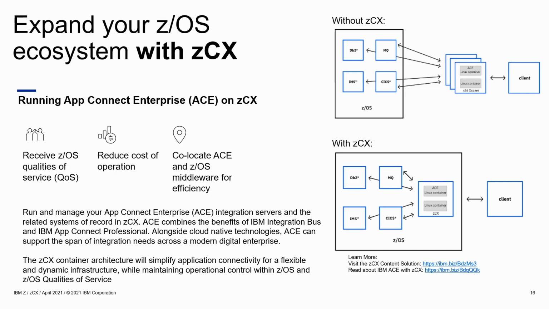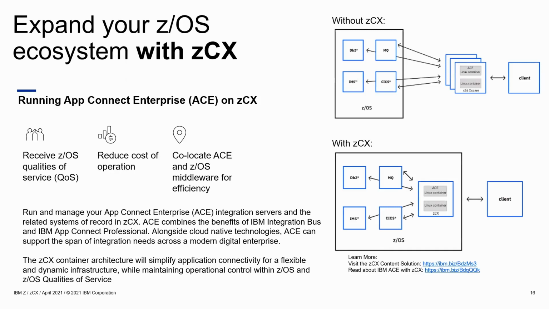This technology is really cool because with ACE, and we're going to be showing you a little bit more about this in just a moment, I can write a message flow without having to write a single line of code. I can write a message flow that connects application A to application B and host the integration server directly on zCX to provide this ultra high throughput and ultra low latency between different parts of my application.